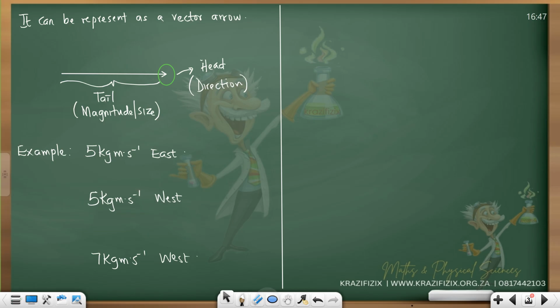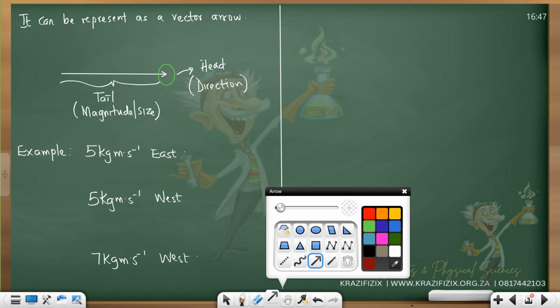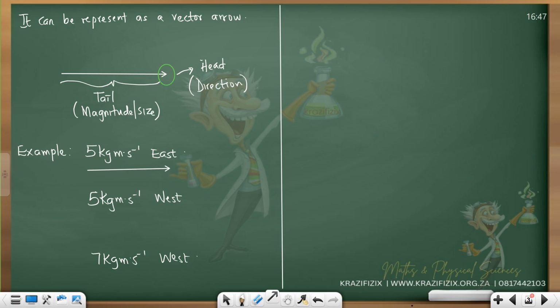It's just arrows. The length here would be that. The length here would be this. Same length, different arrowhead, but this one would be longer. I hope that makes sense. That one will be longer. It's just as simple as that. Grade 10.